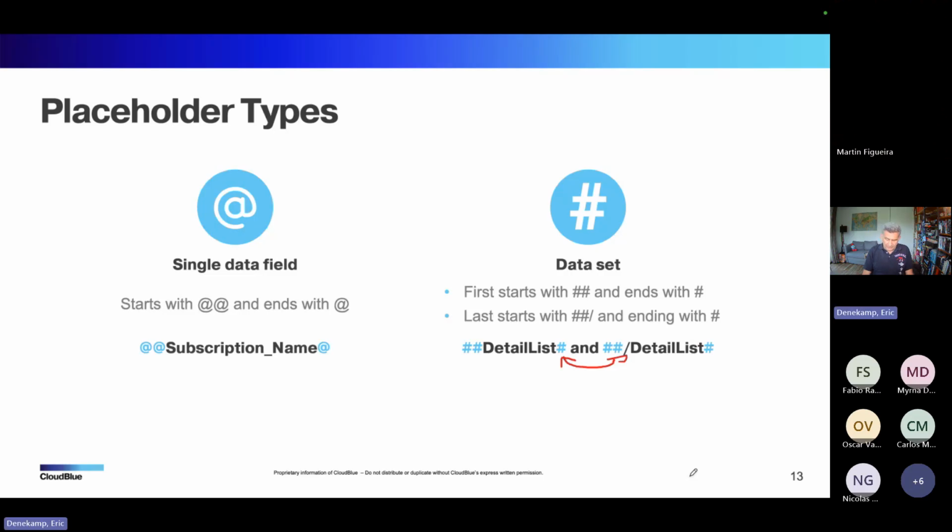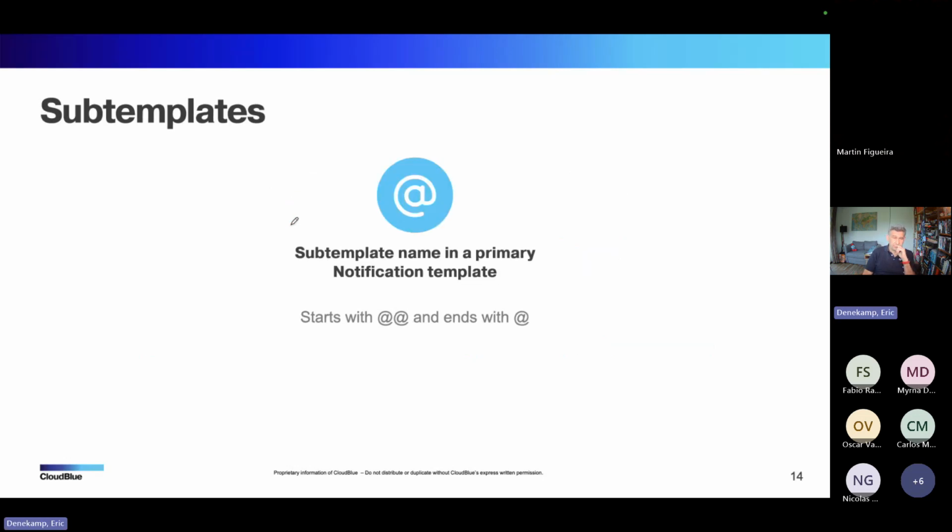We have one more, let's say, placeholder. I'm calling it a placeholder because it looks like a single data field, but it is actually a subtemplate. A subtemplate is, for instance, the header of your email.